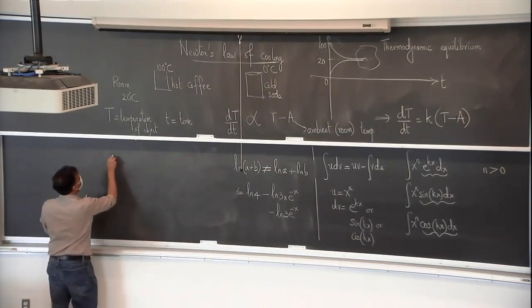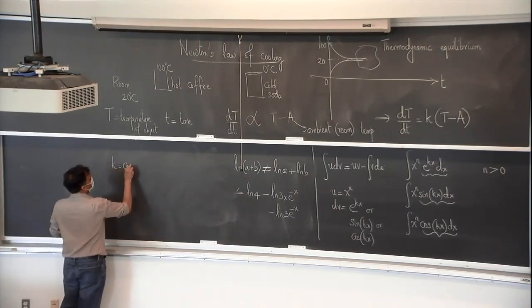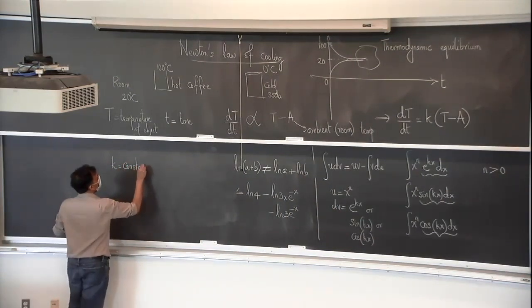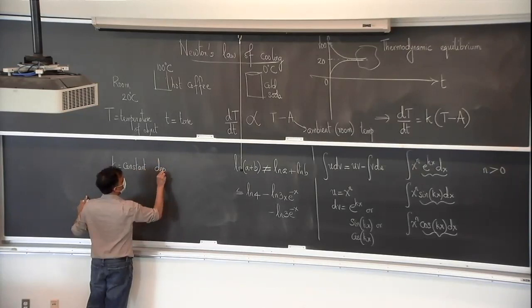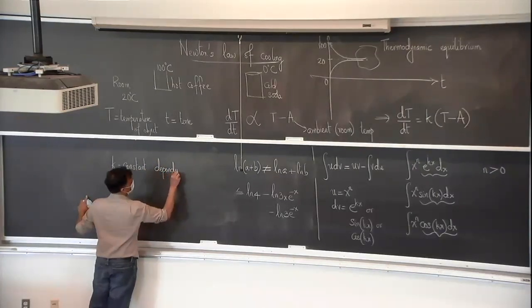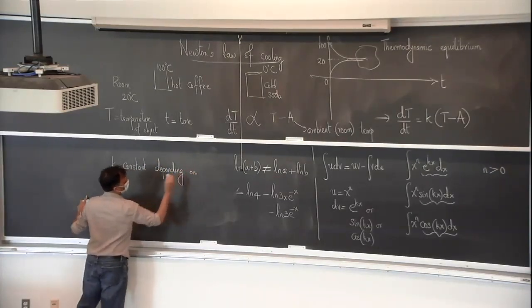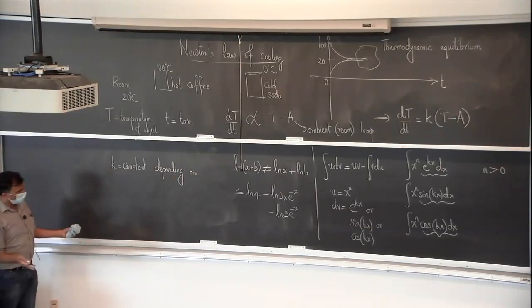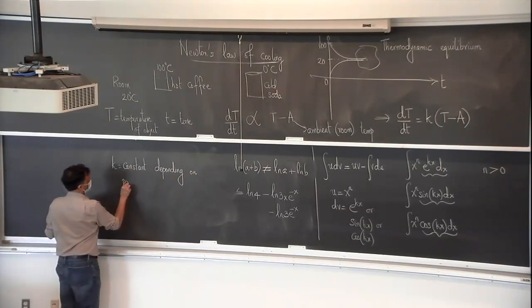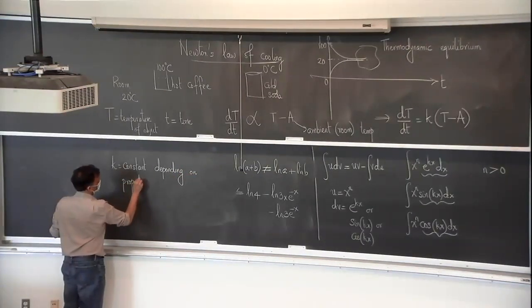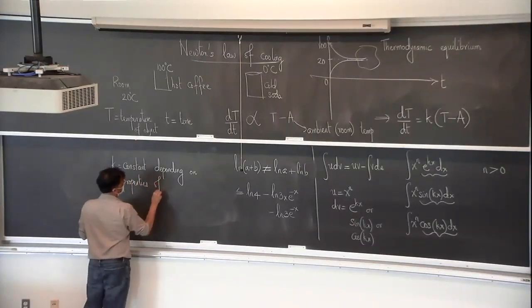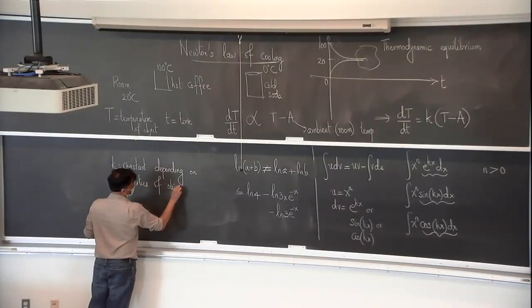So k is a constant that depends on the properties of the material of the object that is being cooled down or warmed up.